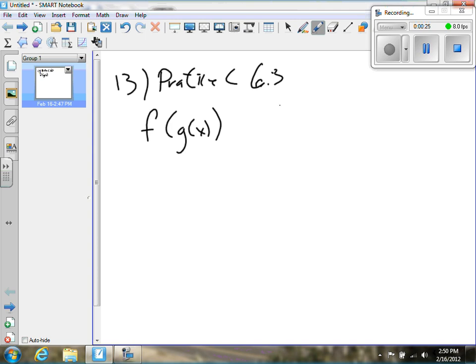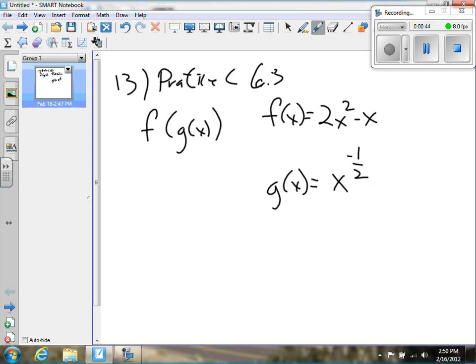And we're told that f of x is equal to 2x squared minus x, and we're told that g of x is equal to x to the minus 1/2. We're asked to perform the indicated operation, which is this right there, and we're also asked to state the domain.